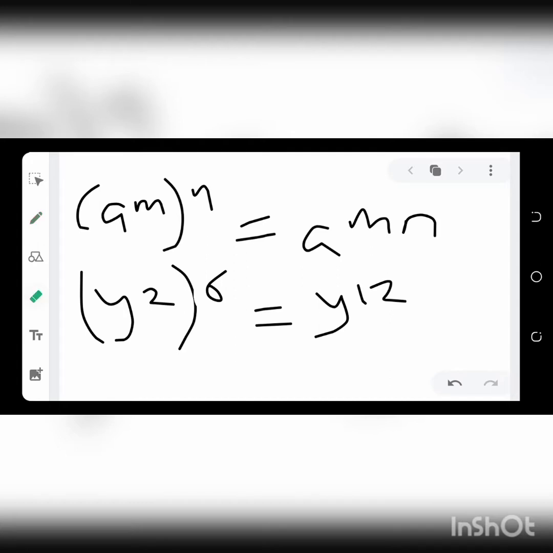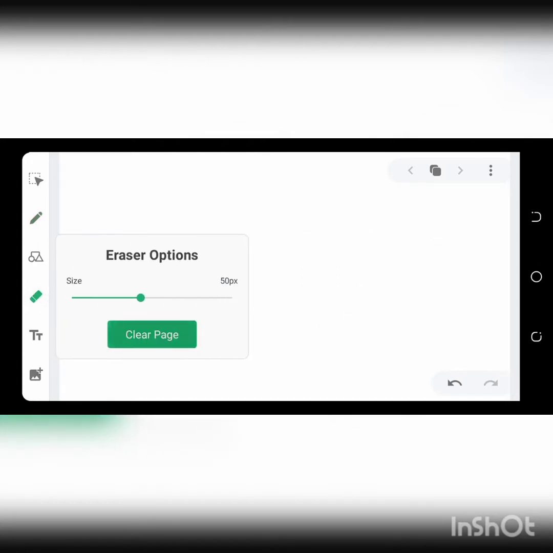Then the next law here would be the fraction raised to the power of fraction law, or raised to the power of division law.